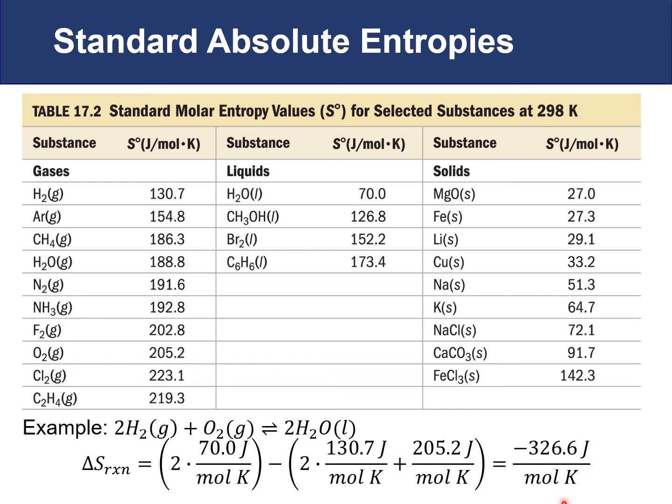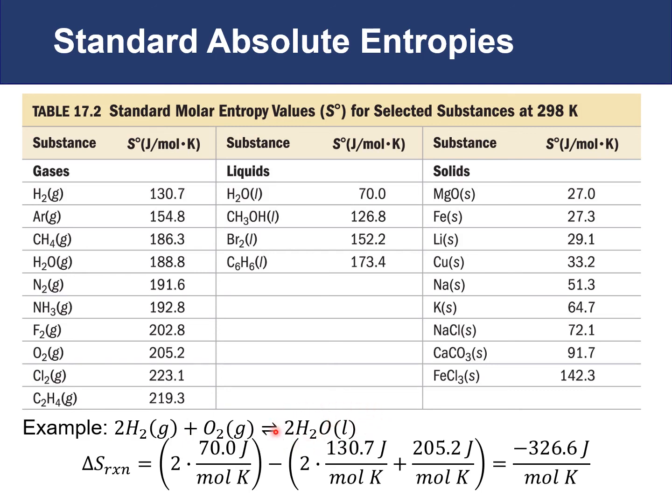Now, we should expect that this will be a negative change in entropy. You can have negative values for changes in entropy. All that means is that your product has less entropy than your reactant, and this makes sense. Our reactant has 3 different gas molecules, whereas our product has 2 liquid molecules.